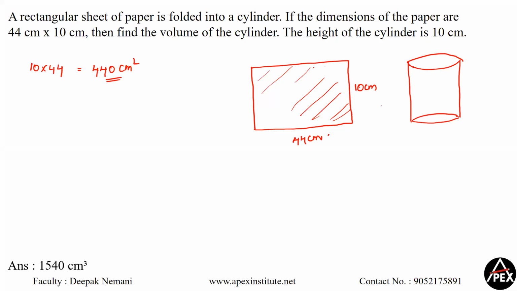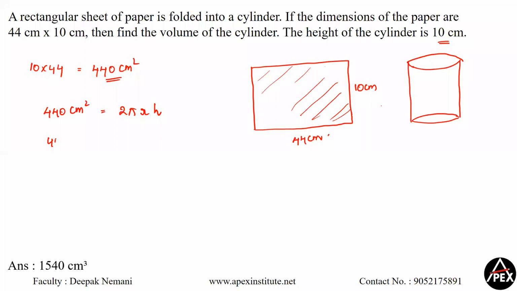You can answer this question when you identify that the area of this rectangular sheet is nothing but the curved surface area of the cylinder. So this 440 centimeters square will be equal to, what is the curved surface area of the cylinder? 2 pi RH. Now what is the height of this cylinder? 10 centimeters, isn't it?